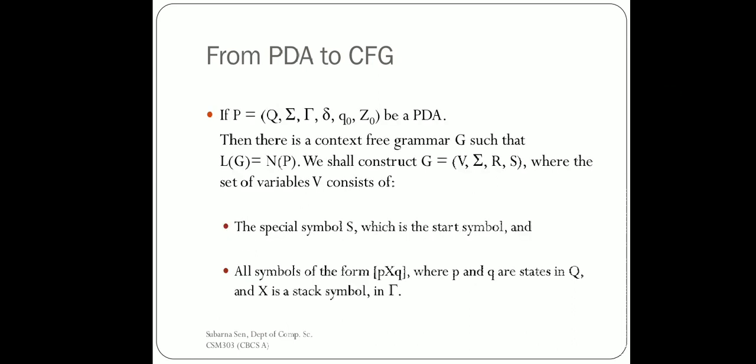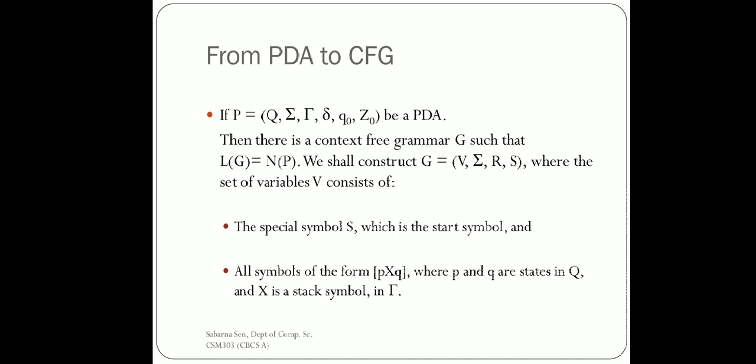Okay, now if this is the PDA defined by this, and there is a context-free grammar G such that L(G) equals N(P), that is, the grammar and the PDA accepting by empty stack are equivalent, then the grammar exists, right?